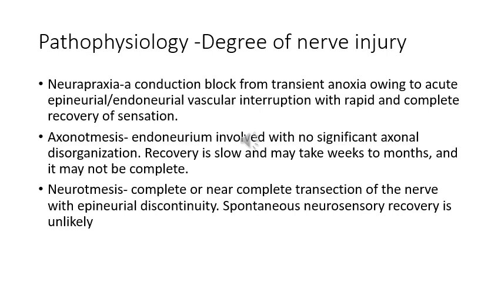It's a temporary block in the nerve due to some cause, maybe mild compression by a tumor or a growth, or a transient anoxia due to vascular interruption. So decreased blood supply causing a conduction block. It has a complete recovery of sensation. It's temporary, and during that vascular interruption the nerve loses its function, and very soon it recovers its sensation.